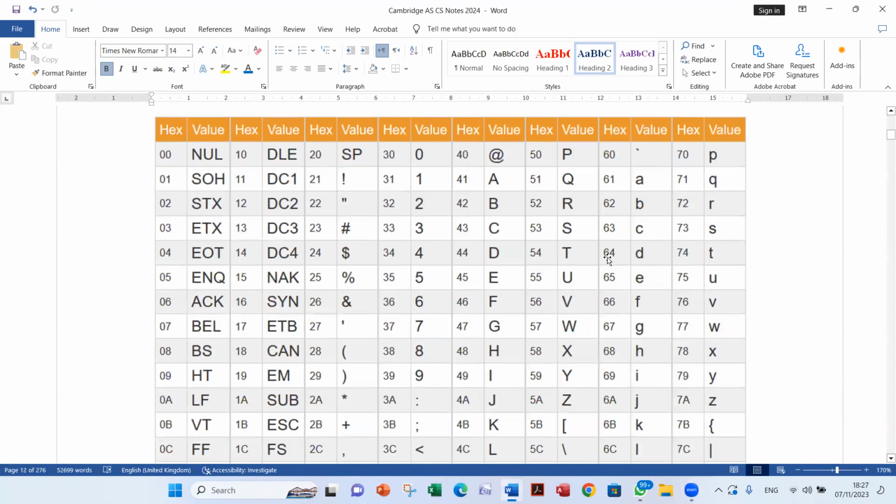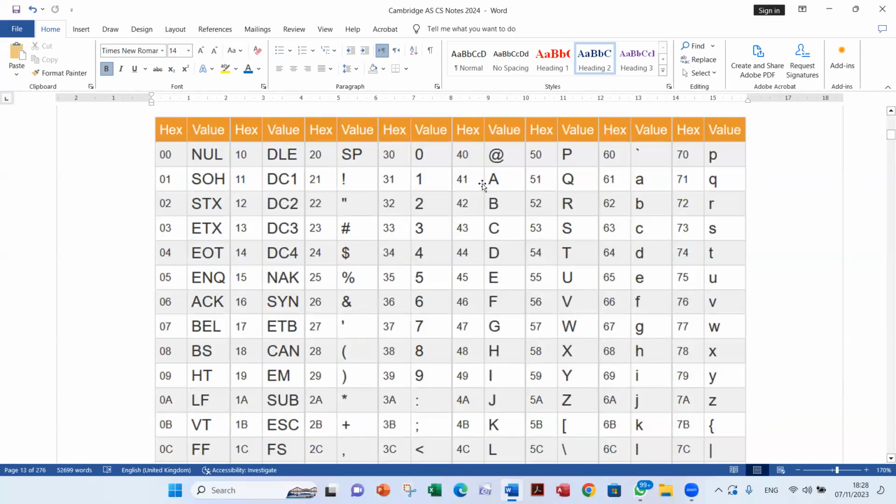Okay. So the letter A is represented by a binary number, and the hexadecimal equivalent of that binary number is 41. So actually all these are represented in binary. The computer can only store and process binary numbers.